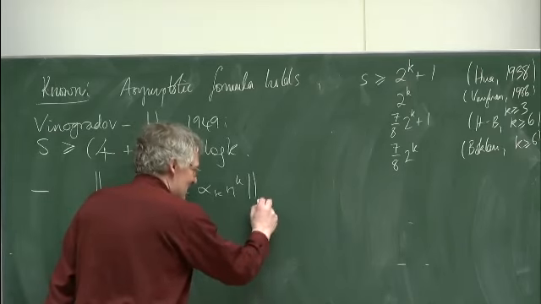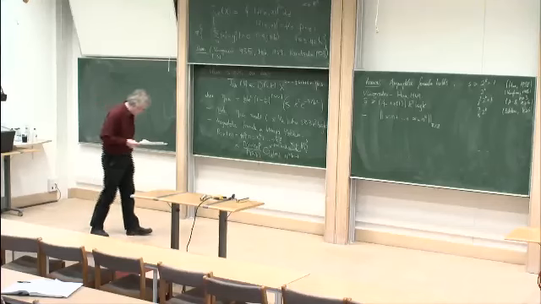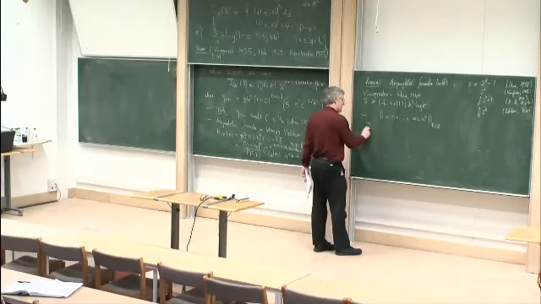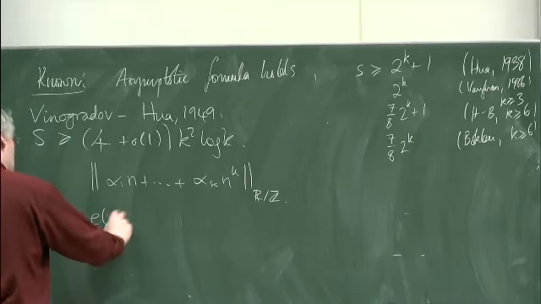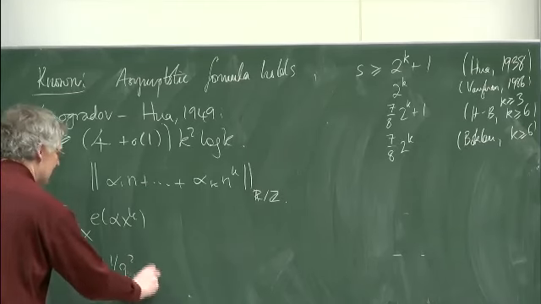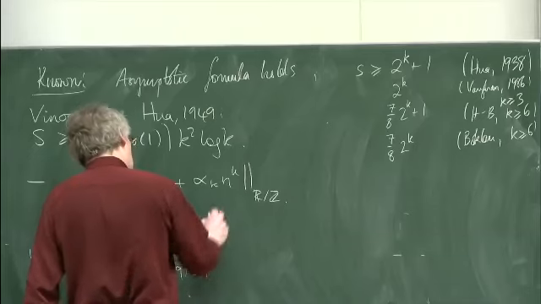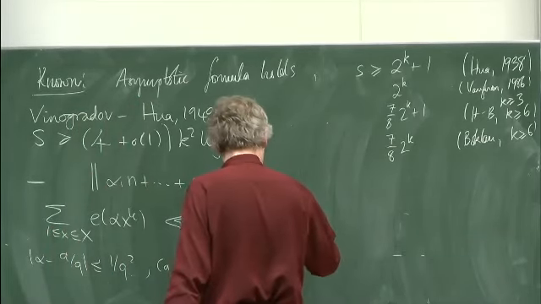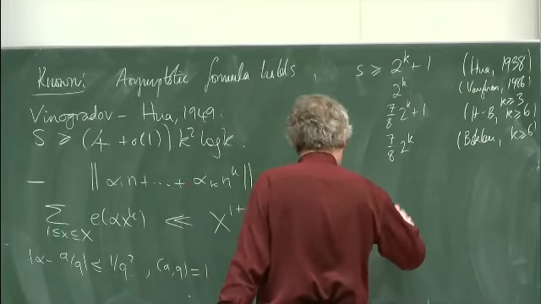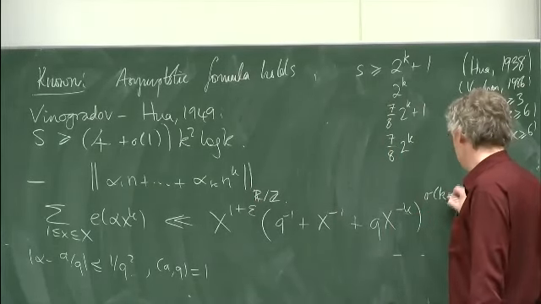You could be interested in Weyl inequalities, so maybe so that I don't have to write too much, I'll think about an exponential sum like this, where I assume that I have a rational approximation to alpha of the shape A over Q, and then the upper bound that one would establish for this depends on the rational approximation Q in a convenient way.